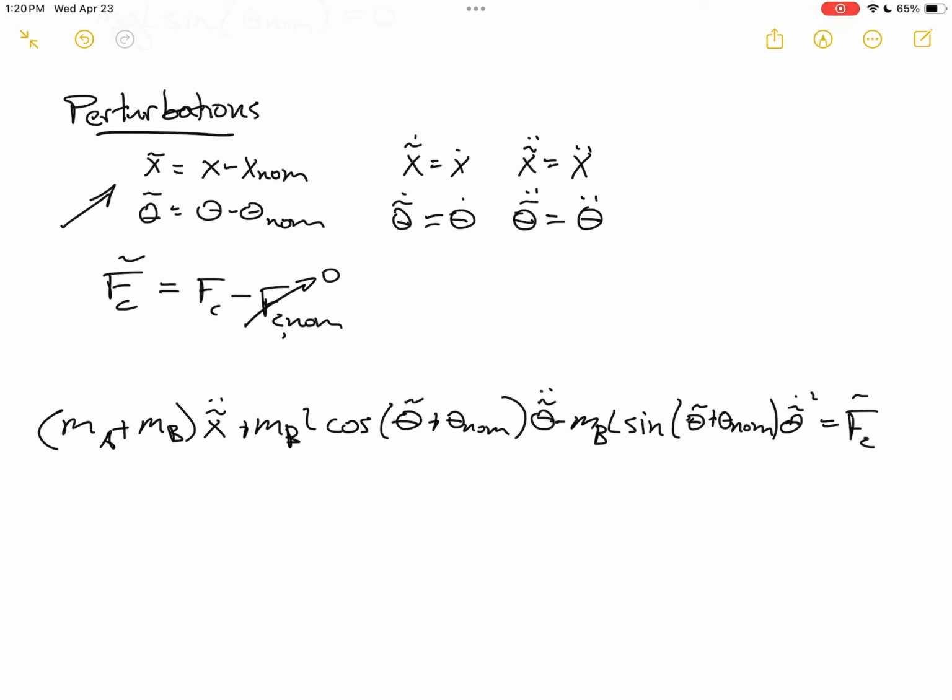FC is equal to FC tilde plus FC nominal, and FC nominal is equal to 0.